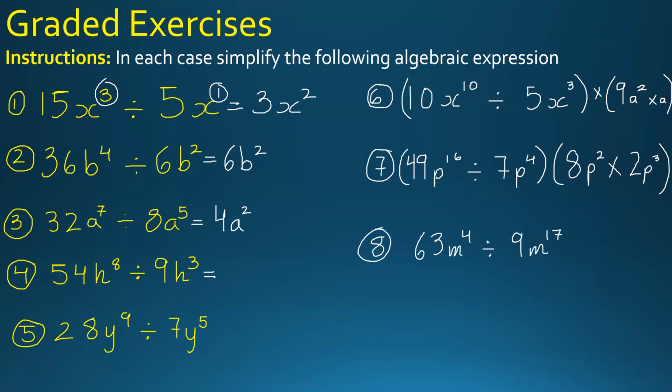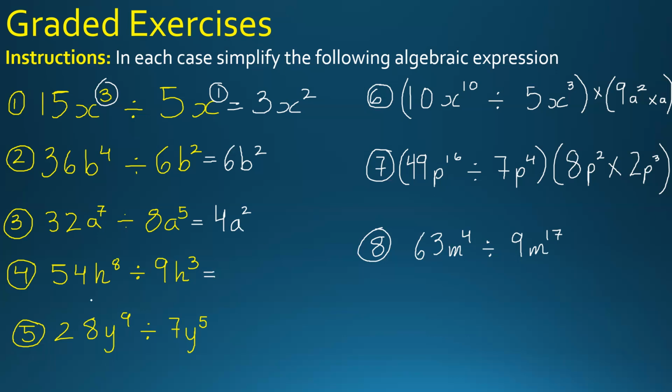Go ahead. 54H divided by 9H. Close bracket. I get lost after that, I'll be honest.